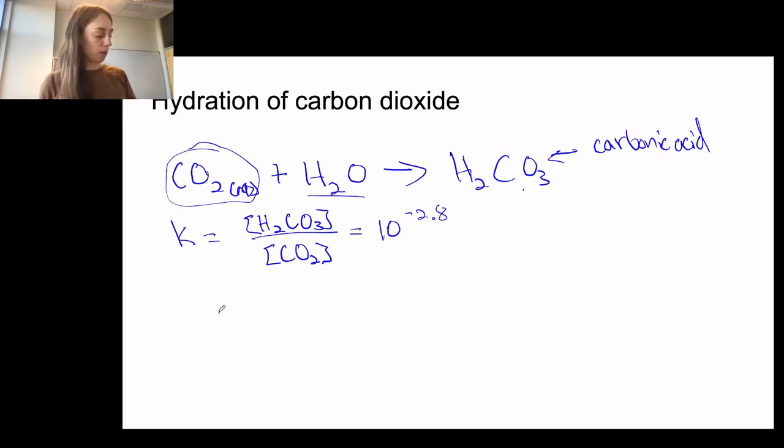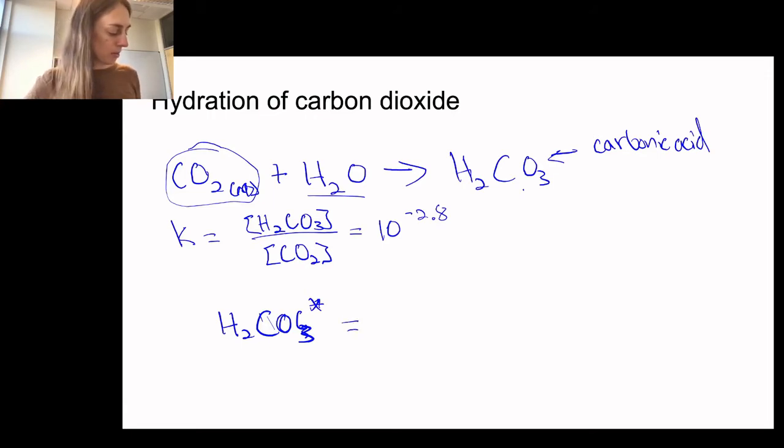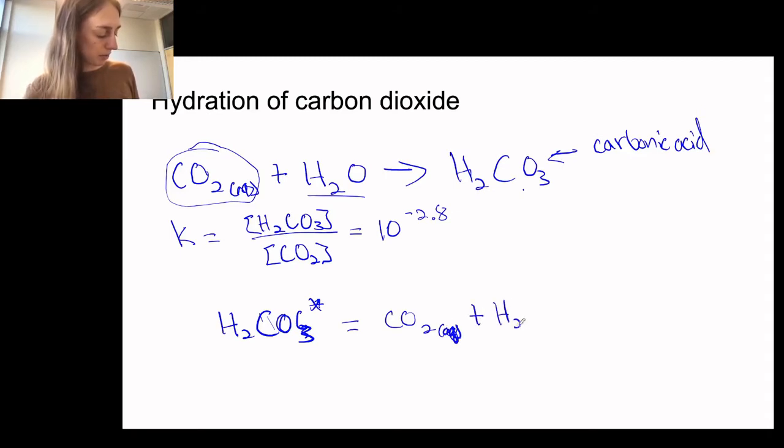So you'll see it frequently written as H2CO3, sorry guys, H2CO3 star, which is actually the combination of aqueous CO2 and carbonic acid itself.